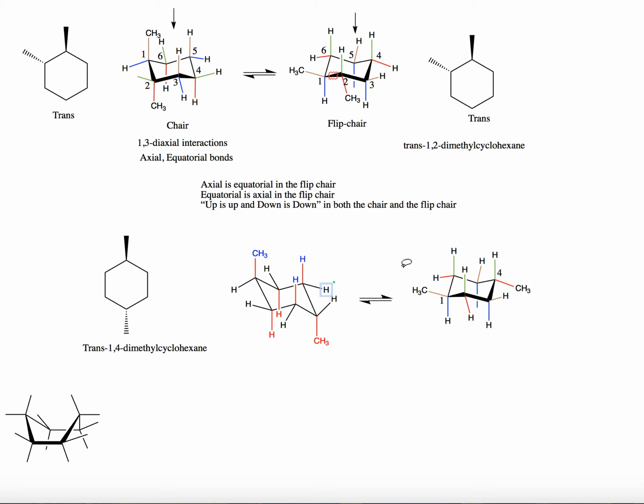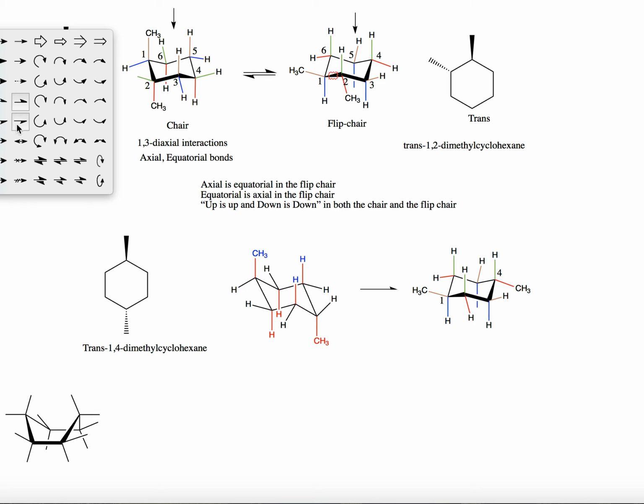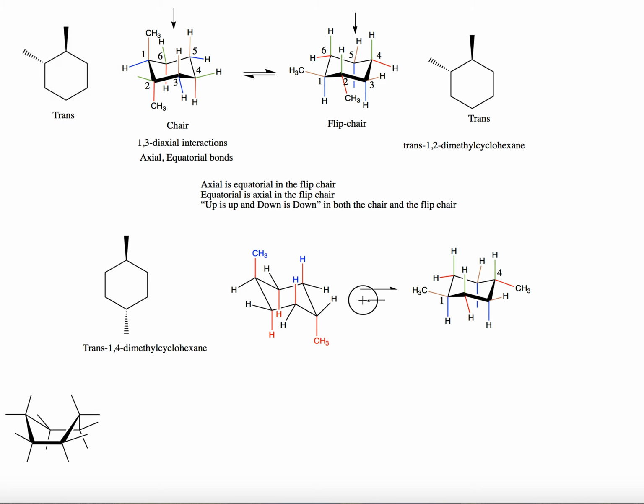So if I need to determine which of these two is the most stable conformation, obviously this is the most stable conformation, so I'm drawing different equilibrium arrows here. The one showing the longest arrow toward the most stable conformation. Why?